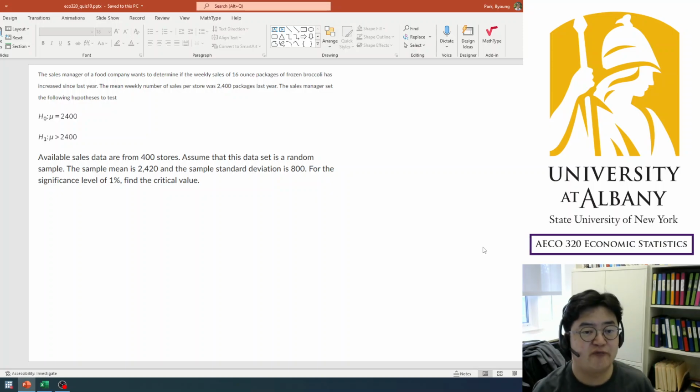So null is 2,400 and alternative is greater than that. Available sales data are from 400 stores. Assume that this data set is a random sample. The sample mean is 2,420 and the sample standard deviation is 800. For the significance level of 1%, find the critical value.